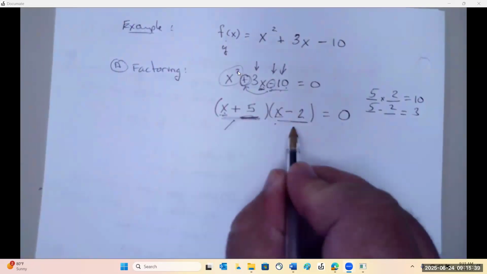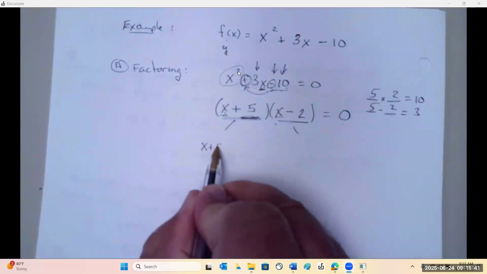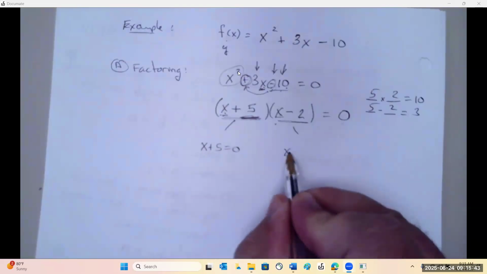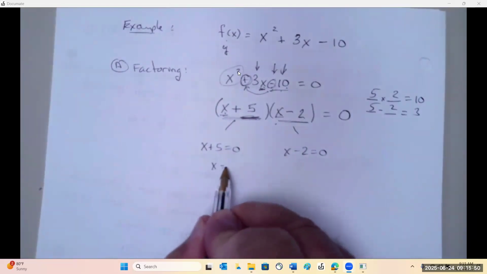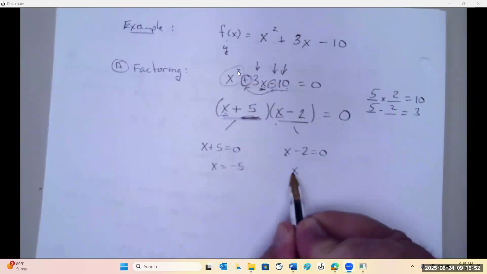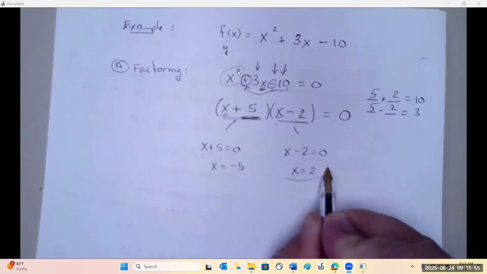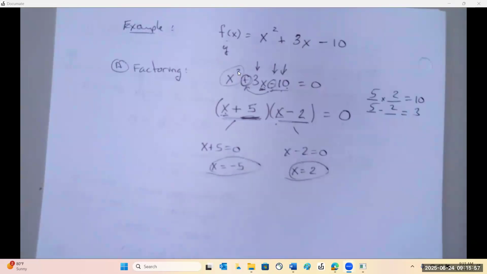So we take both of these, set them equal to 0. And those are our supposed answers. That's the factoring. And actually, I'll go ahead and do another one with a non-leading coefficient of 1.